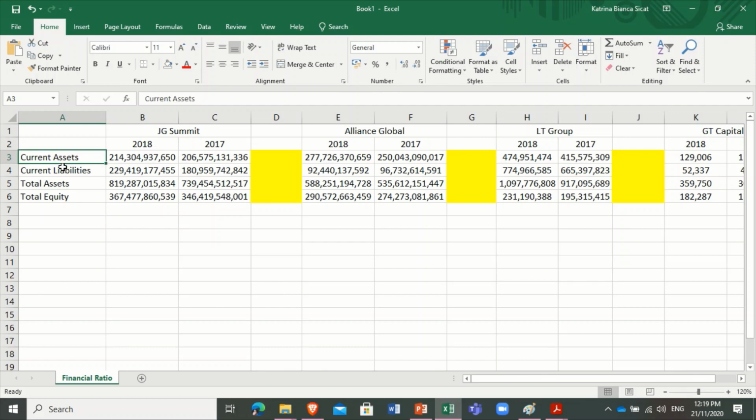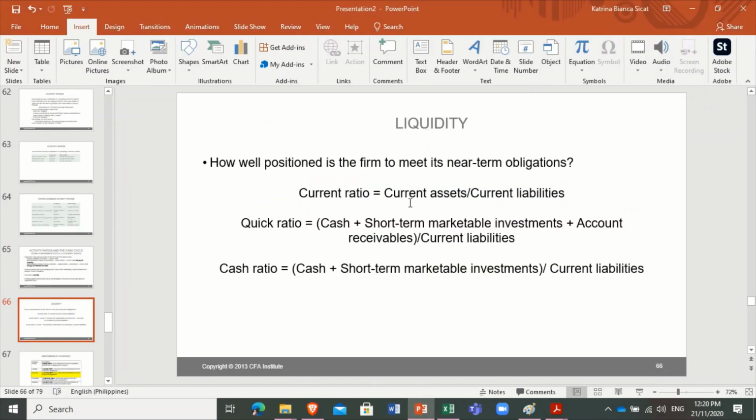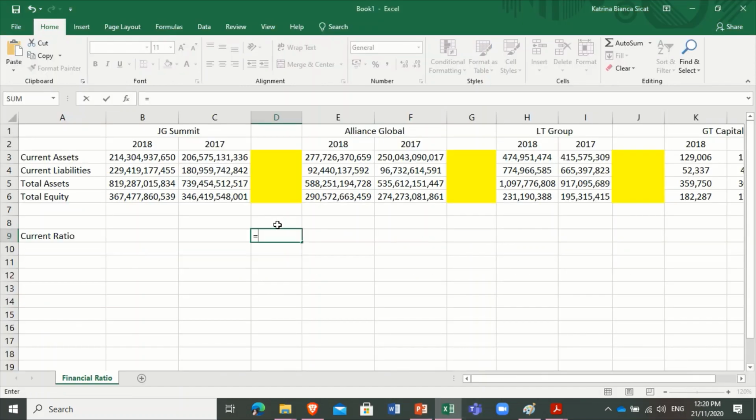We have the current asset and current liabilities of JG Summit, just so we know kung ano yung kanilang current ratio. Okay, for JG Summit, let's compute. So that would be your current assets. So as you can see, this is it. Current assets divided by current liabilities.